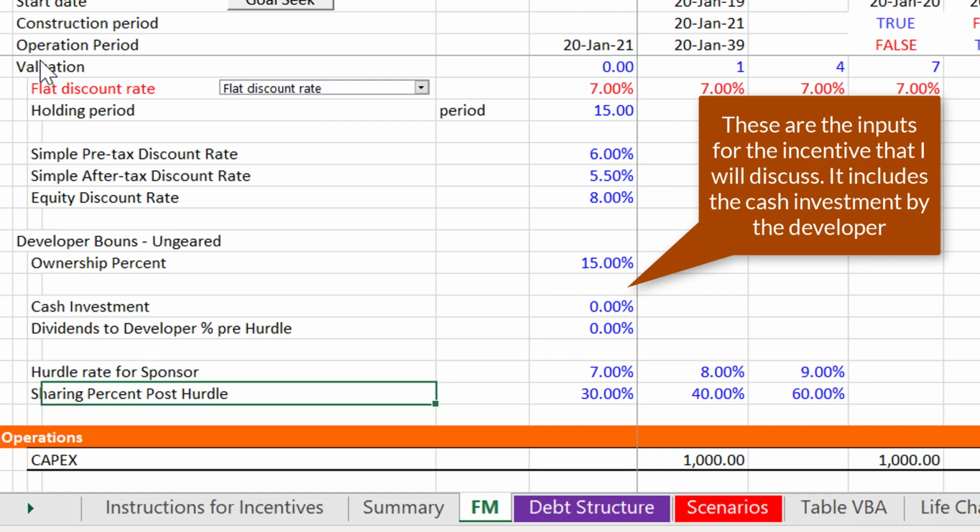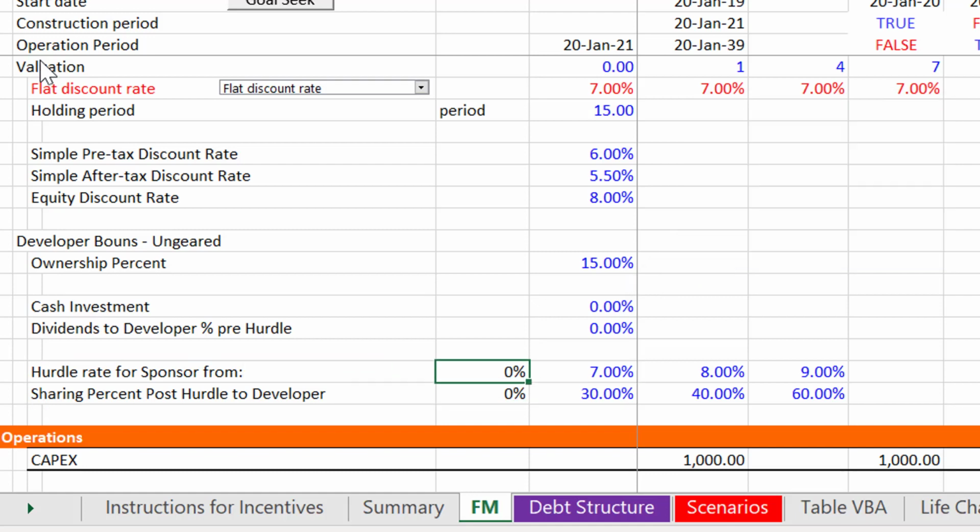And then I say, well, if the hurdle rate is less than 7%, and maybe I should put 0% here, so it's 0% to 7%, then the sharing percent post hurdle to developer. Hurdle rate from 0% to 7%, the developer gets nothing.